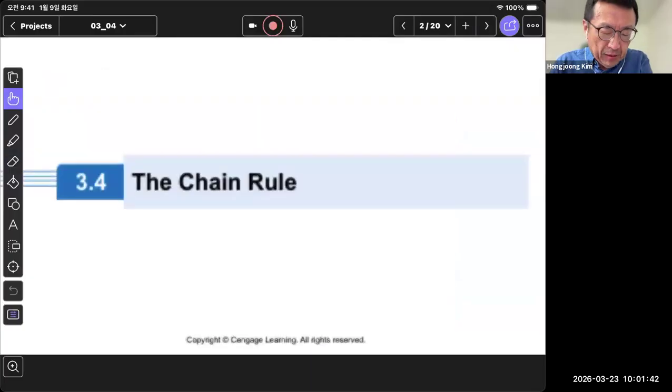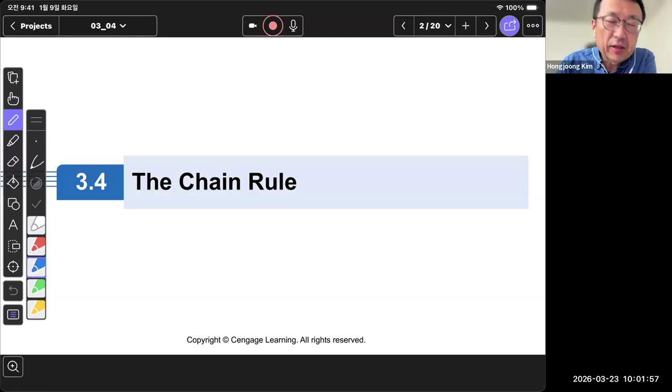Now, this chain rule is one of the most important formulas in our class. This chain rule has many names.